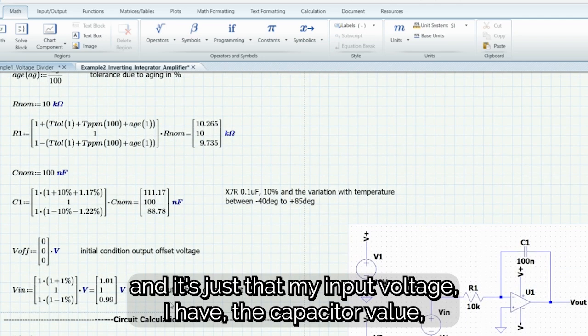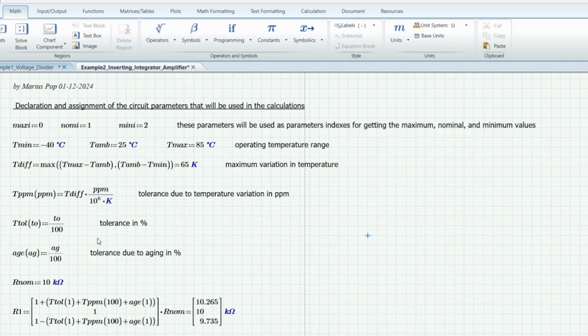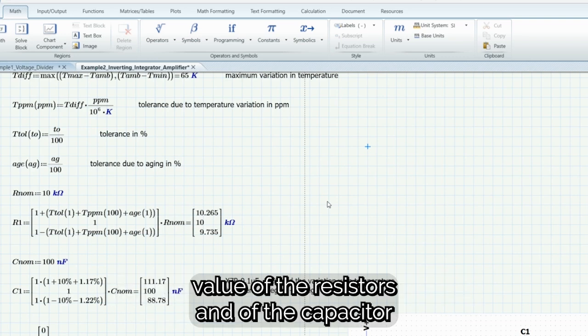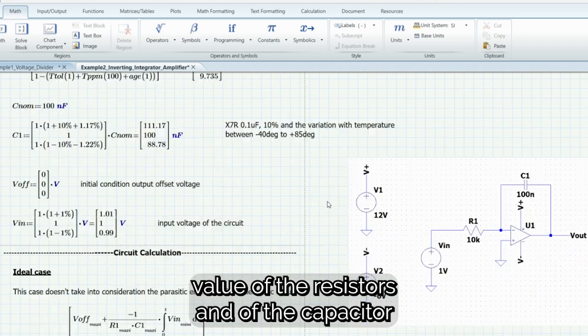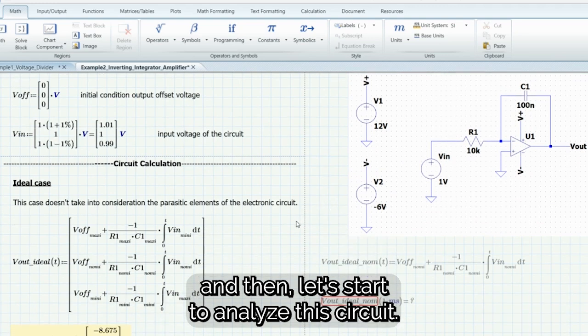For instance, my input voltage, the capacitor value, the resistor value, and the tolerances, which are then used to calculate the maximum and minimum value of the resistor and of the capacitor. And then let's start to analyze this circuit.